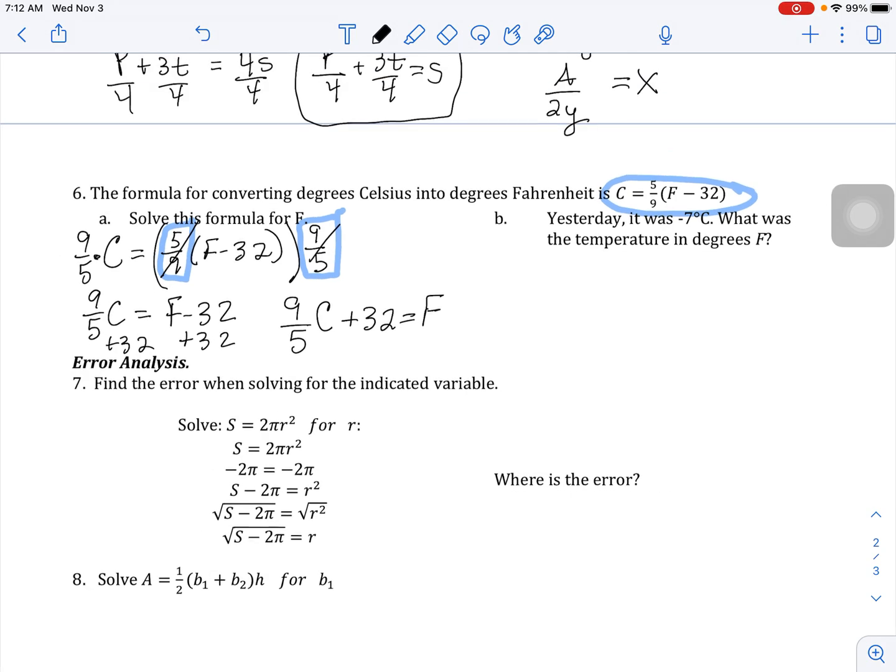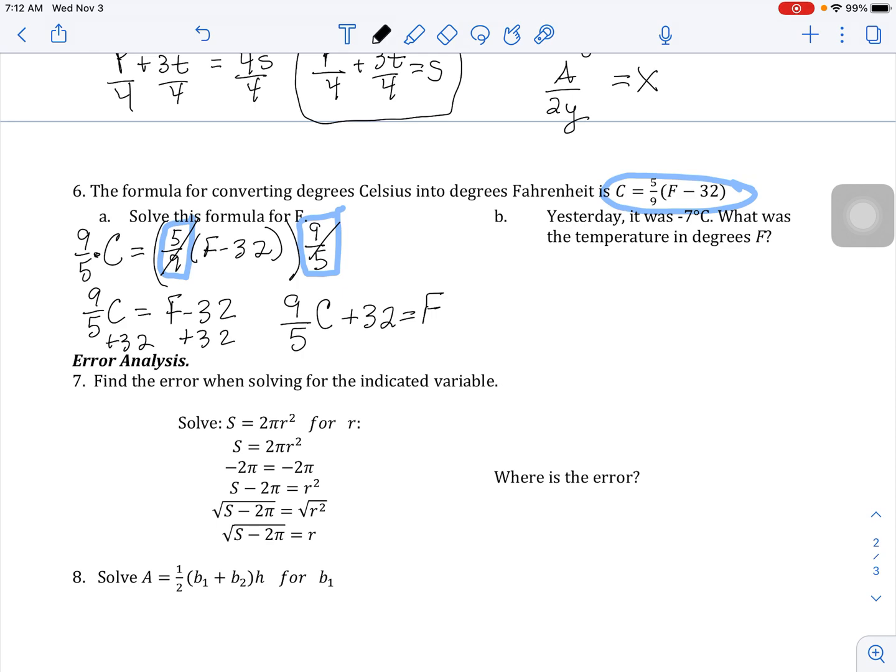It's uppercase letters. Yesterday, it was negative 7 degrees Celsius. What was the temperature in Fahrenheit? So I'm going to put negative 7 in for Celsius, 5 over 9 (F minus 32), right? So I could solve for F this way, or I could actually take the negative 7 and put it right here.